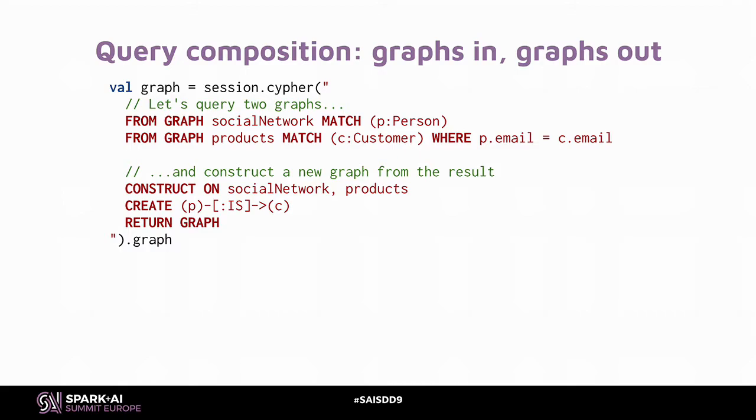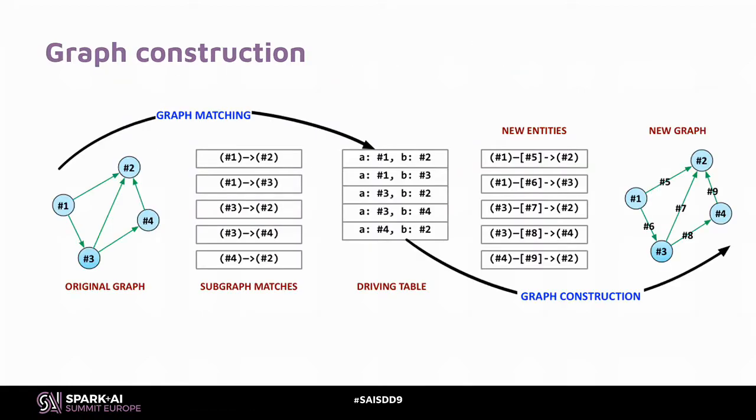So from graphs, and here we're actually adding data to an existing graph called social network, to two existing graphs, and we're creating relationships between them and then returning a graph which combines the information in the two old graphs, with relationships between elements in those graphs, to create a third graph. Now, what's going on here is something that people talk about as graph construction.